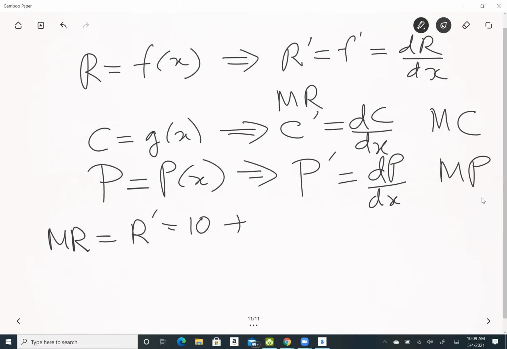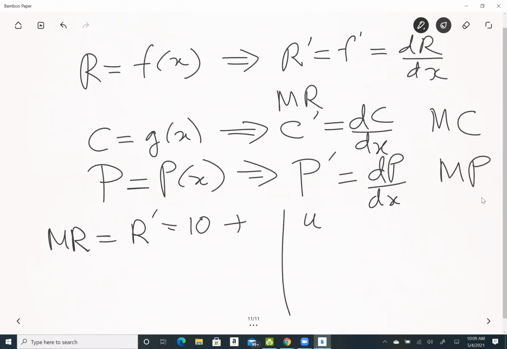The second term is a little bit difficult. So how do you differentiate the second term? Use the formula. Which rule is this? Quotient rule. You use the quotient rule. All right.